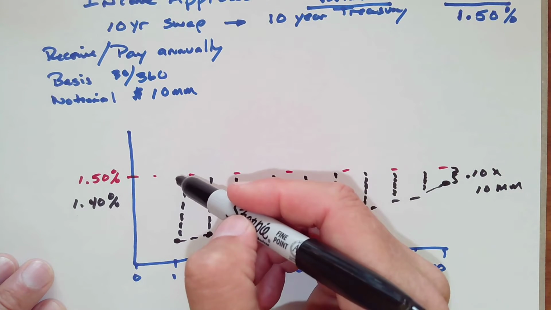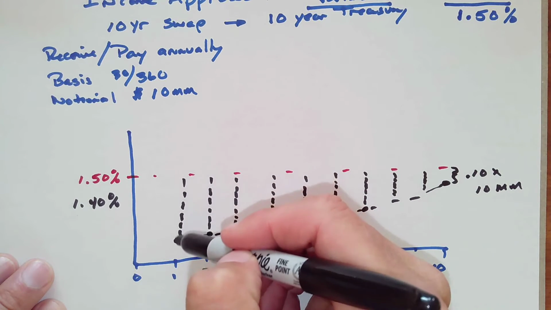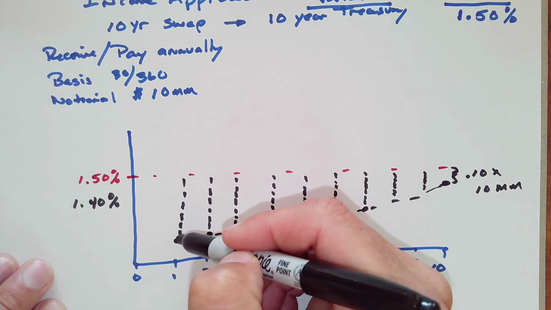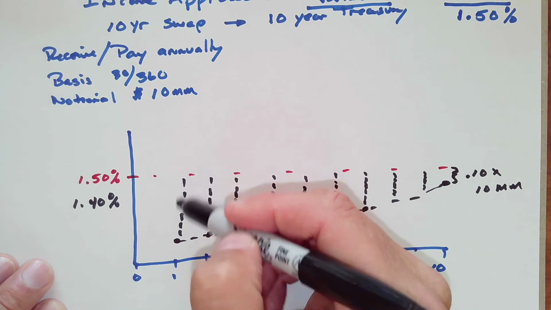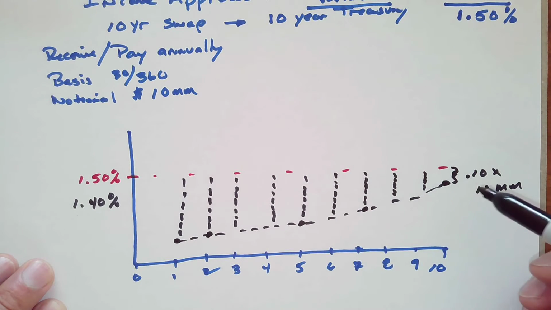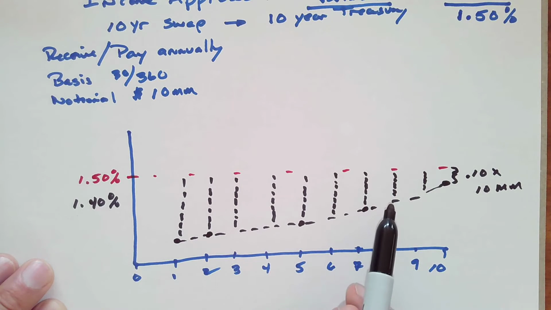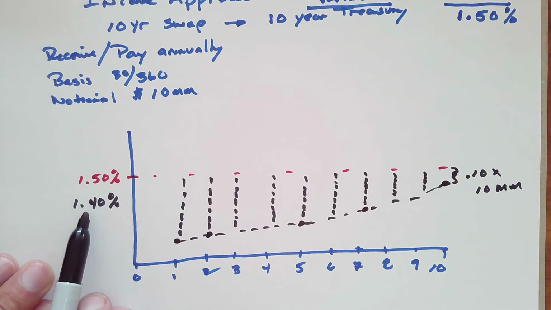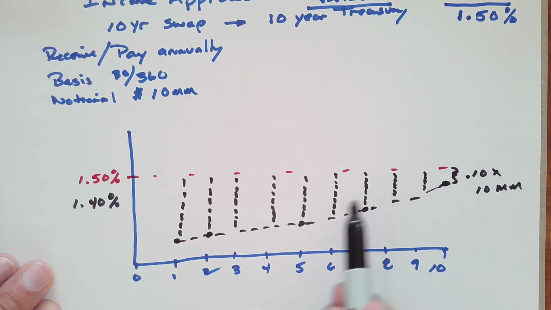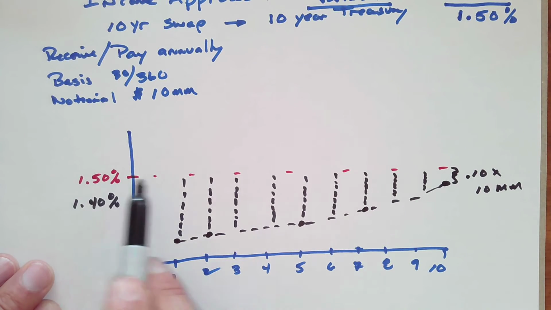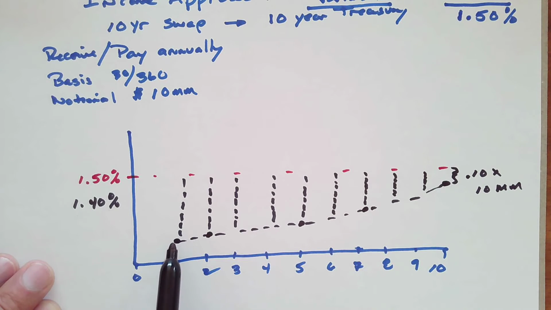And so our difference here, our differential, would suggest that we're going to have to pay a lot of money here, less, etc. But overall, if we are the one who are receiving 1.4 and we're paying 1.5, then we're going to be in a loss position, because we're paying out more money at 1.5% than we're collecting at 1.4%.